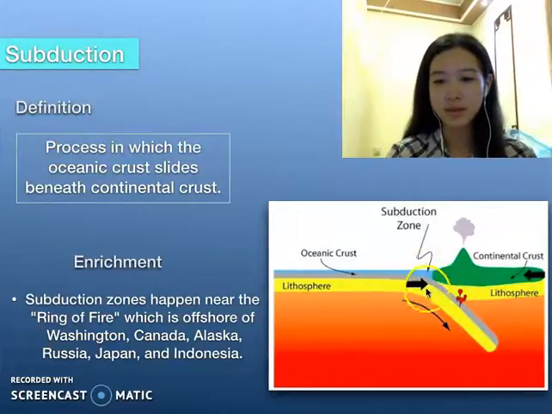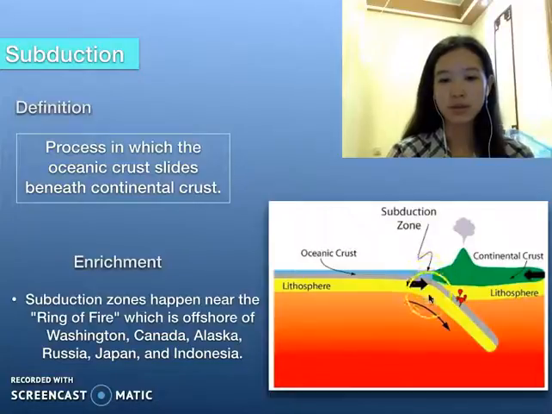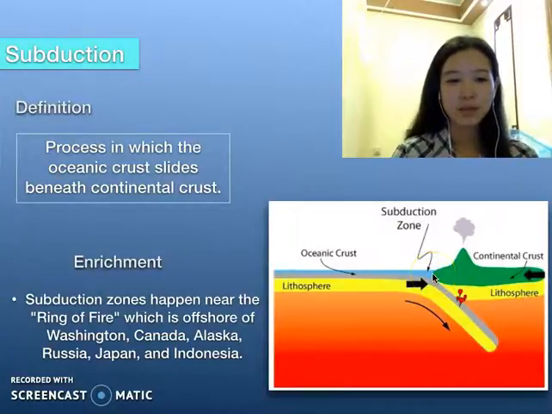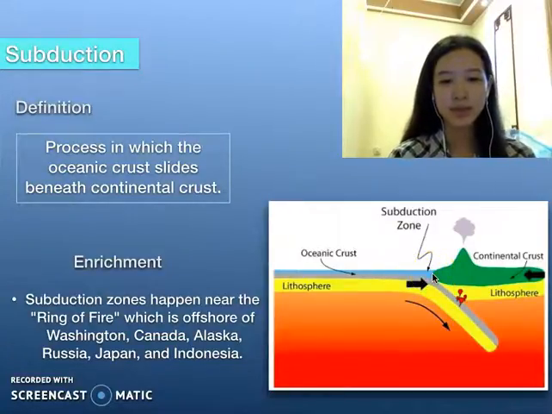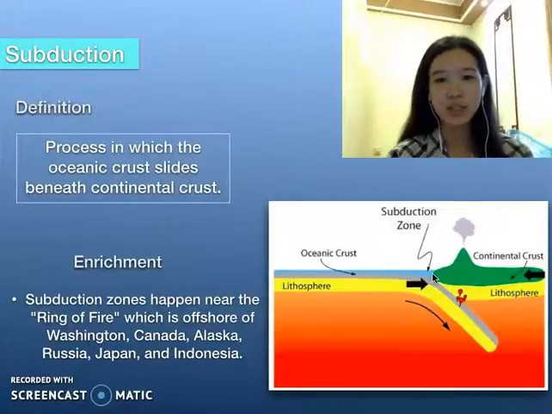And this is the subduction zone. It's right here. Subduction zones happen near the Ring of Fire, which is offshore of Washington, Canada, Alaska, Russia, Japan, and Indonesia.